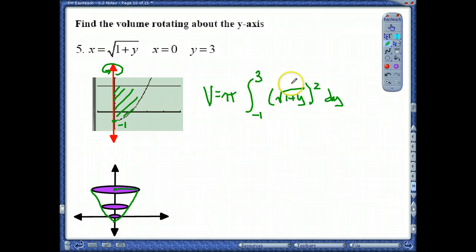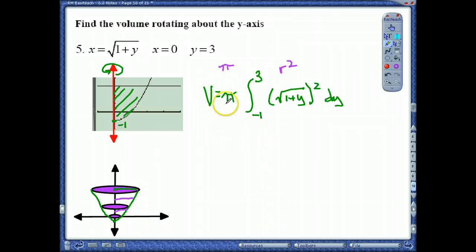So I'm still doing pi r squared. Okay? It's just that now my circles are laying down and my radius goes from the y-axis out to that graph. Okay, so that's going to be my radius.